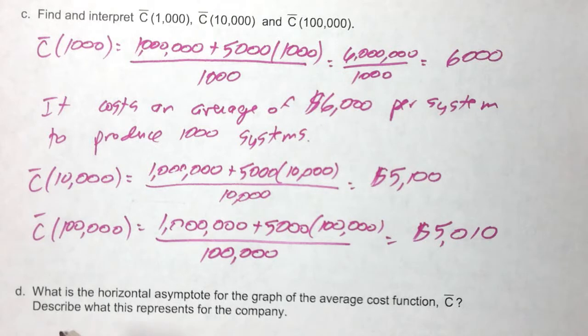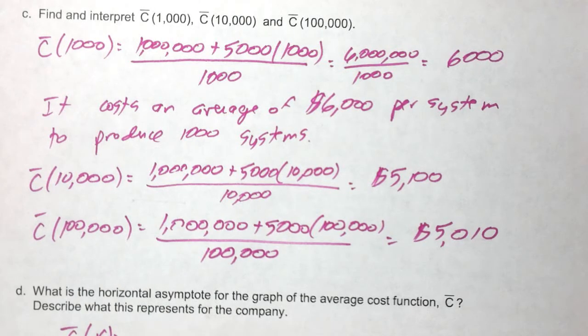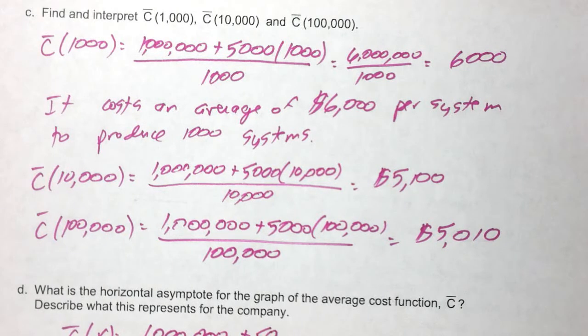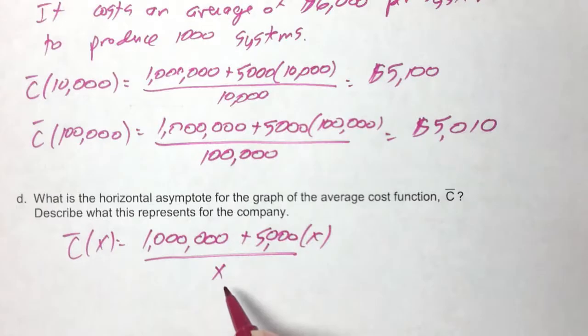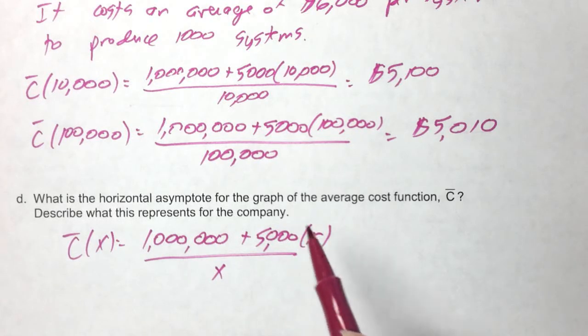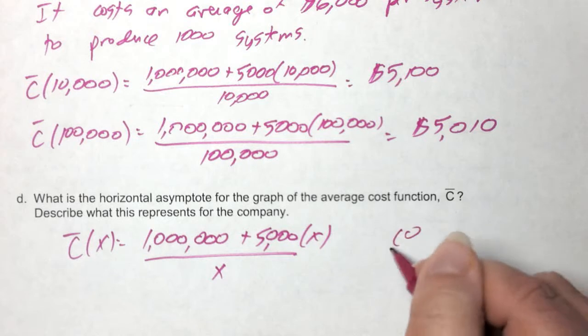So let's take a look at this average cost function again. Notice that it was $1 million plus 5,000 times however many we built, divided by however many you built, divided by x. Notice this was a rational function. I hadn't really mentioned it, but it is. In fact, it would be a COCO, right?